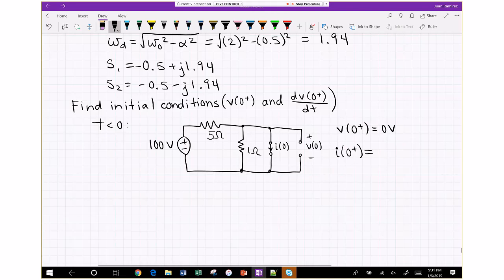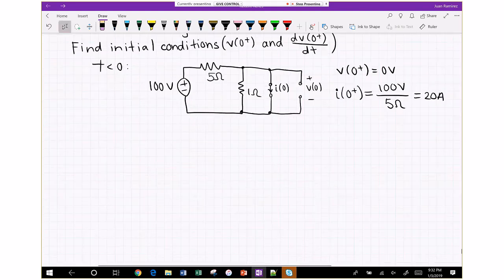So all the current through the 5 ohm resistor goes through the short circuit. To find that current, you do 100 volts divided by 5 ohms. The full 100 volts is across the 5 ohm because there's no voltage anywhere else in the circuit because of that short. And you get 20 amps. Now let's take a look at the circuit right after the transition.